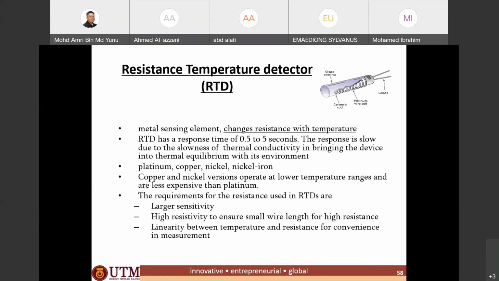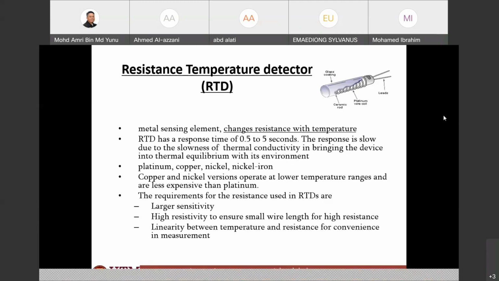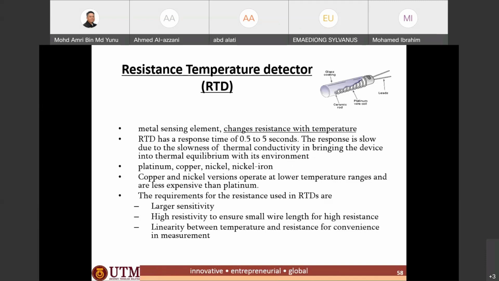So we'll see later the construction of the RTD, where it consists of several layers, and the common types of metal wire used to construct RTDs are platinum, copper, nickel, and a combination of nickel wire.